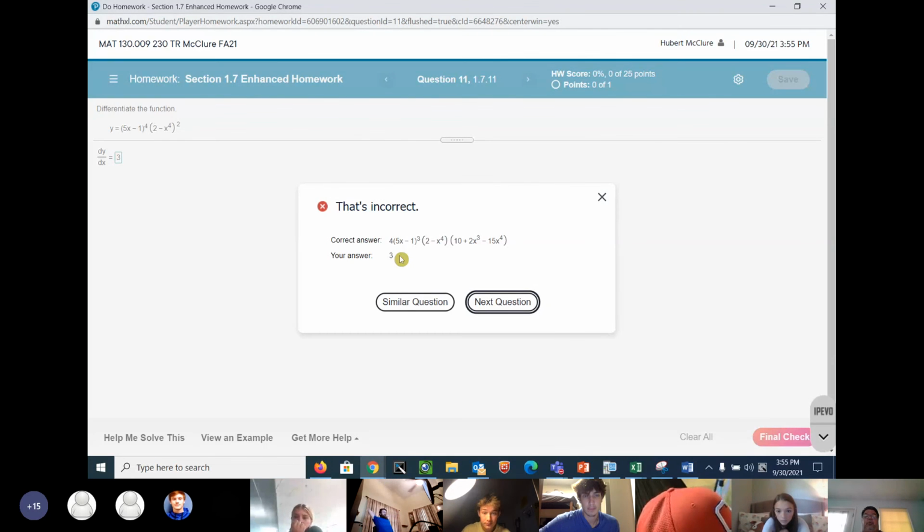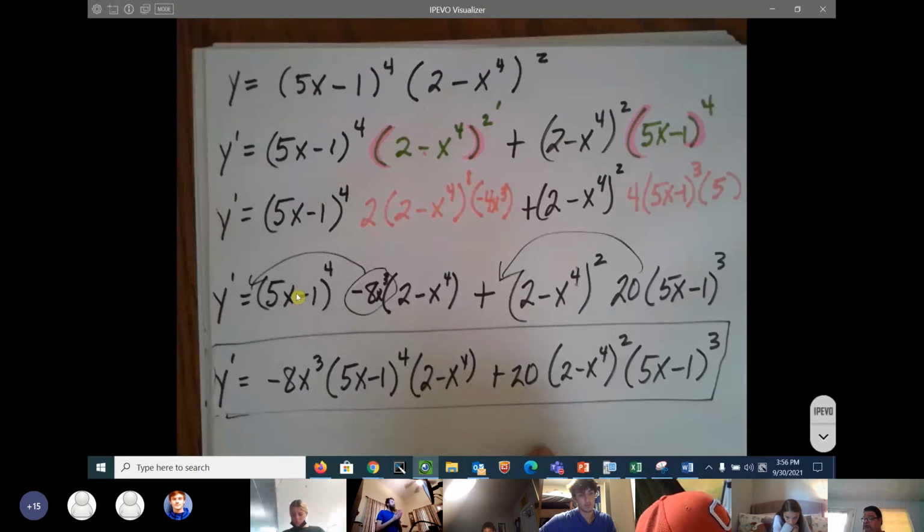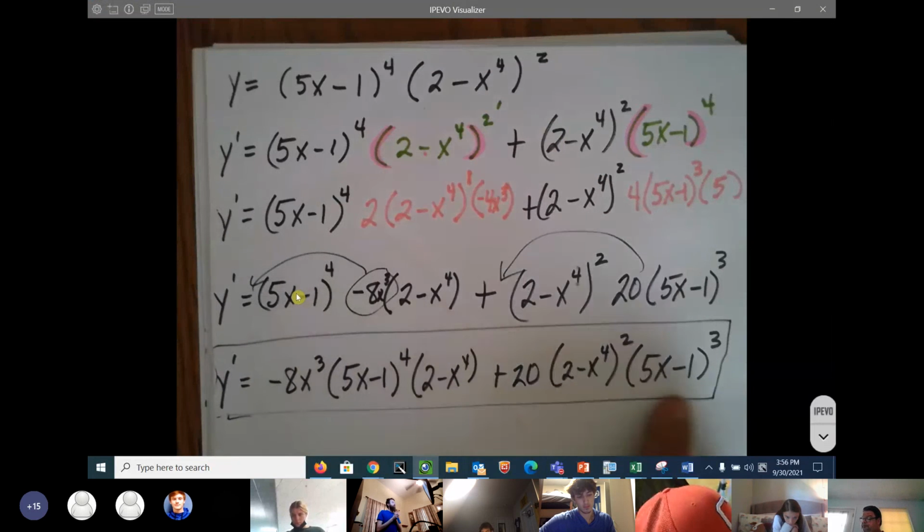I think they did a little bit more algebra. There's the 2x minus 4, 2 minus x to the 4th. They cleaned it up even more. So you can work on that over the weekend. I think what they did is they did some more work down here.